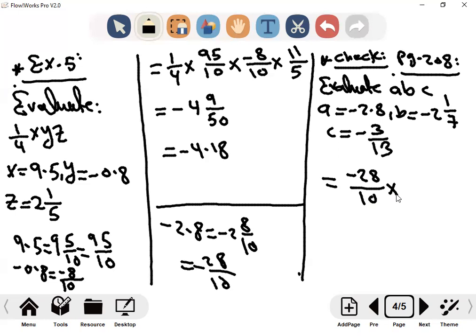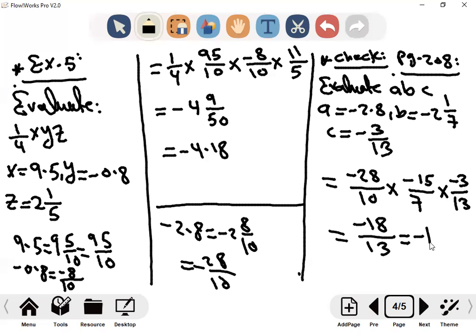Turn it to a fraction and put it. Negative 15 over 7. Multiply C, negative 3 over 13. Do you understand, Marwan? Multiply up, multiply down, simplify. Your answer will be negative 18 over 13, which is equal to negative 1 and 5 over 13.